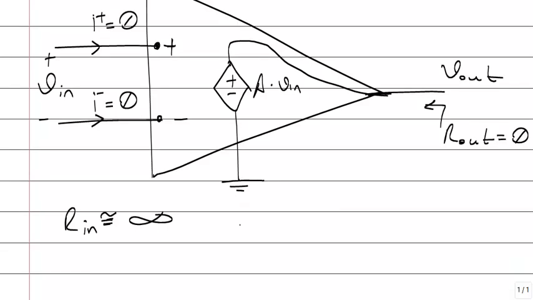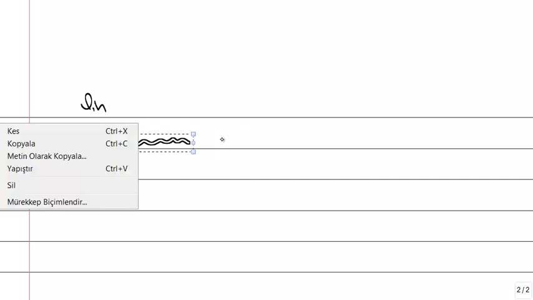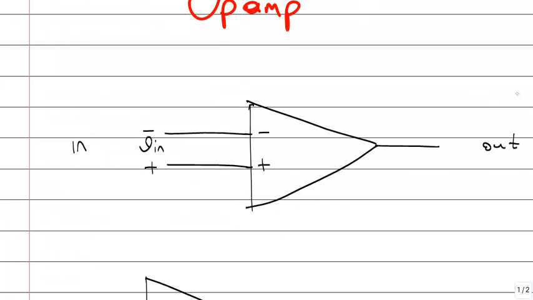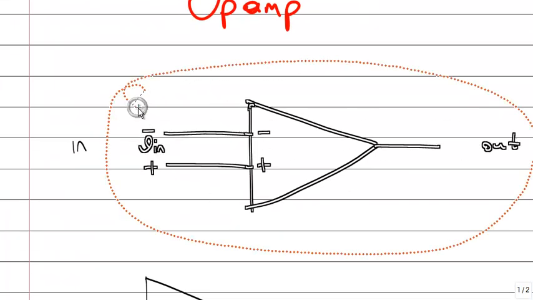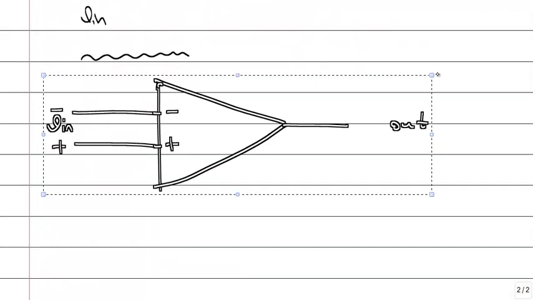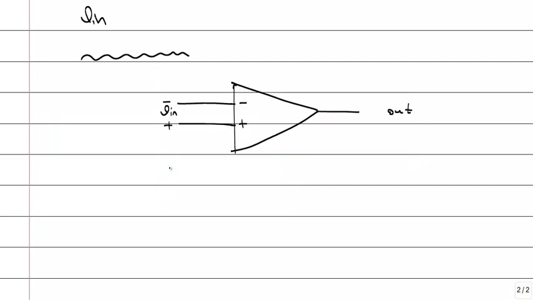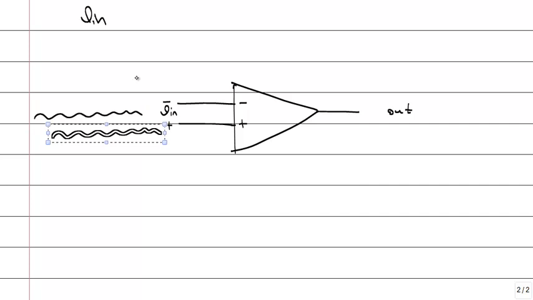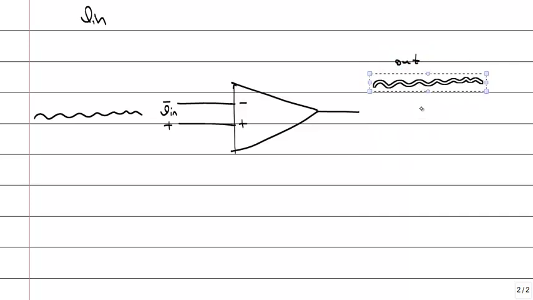And for example, if you give some small voltage V in, it amplifies that voltage and gives it to the output. If you give this voltage to the input, the same shape will be seen at the output, but amplified.